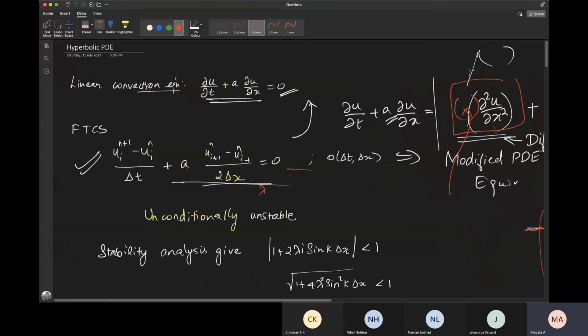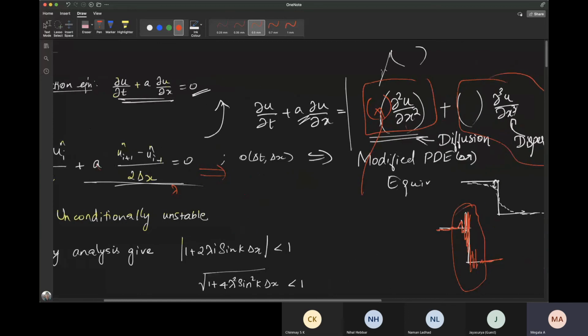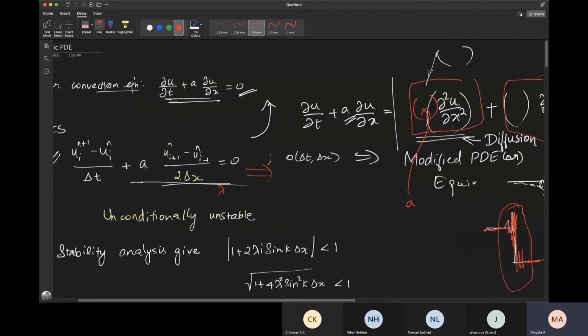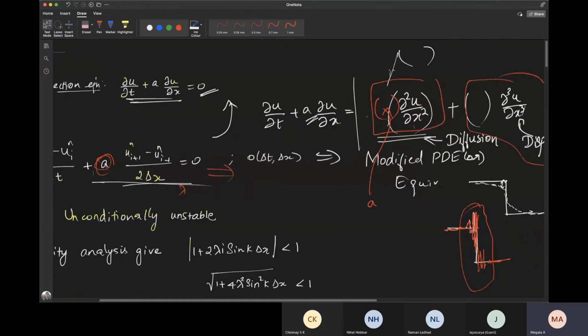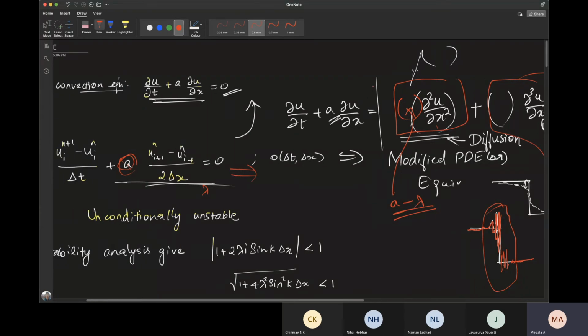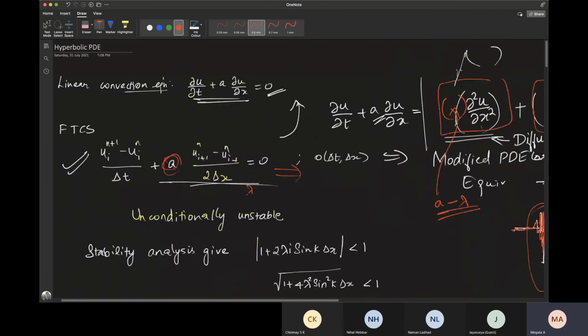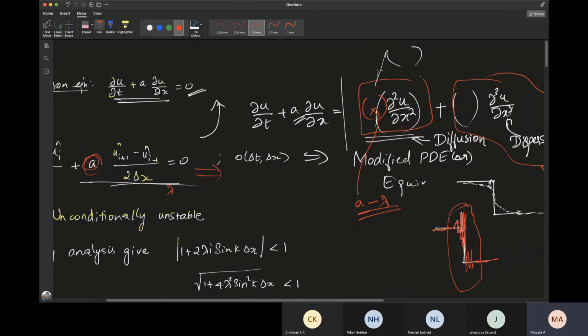If naturally your scheme is not leading to any coefficients that will help you control, because it is there in the governing equation, you cannot have any control over it. But if you need some control, you can introduce some quantity called lambda or something. So here in your scheme, you have to somehow introduce lambda, and then you will be able to control your diffusion.